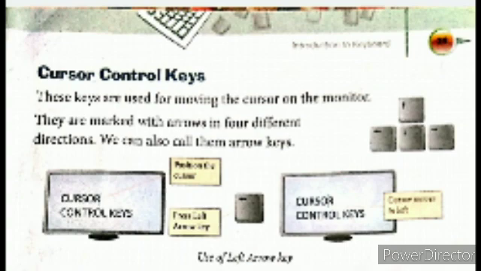Now you can see in the second screen, the cursor is in between the alphabet O and R. So, the left arrow key is used to move the cursor to the left side.